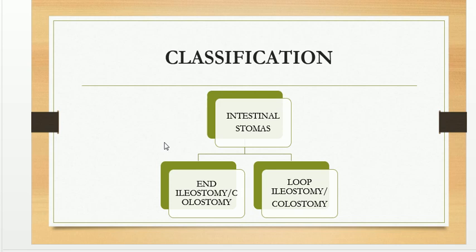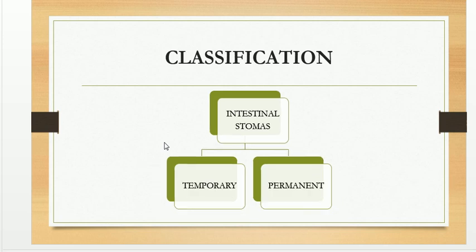That means it can be an end ileostomy or end colostomy, or loop ileostomy or loop colostomy. There's another way to group these stomas. For example, these intestinal stomas may be temporary or sometimes permanent.